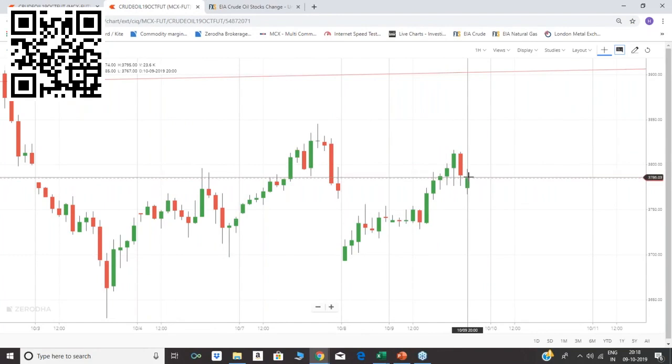Today I am not finding a big difference in the inventory data. Definitely the price will go down a little bit, but along with the inventory data we also need to conclude, and this sort of volatility is expected. So if you are capable of holding your position a little longer, then it's okay. Otherwise, if you can't hold long, then be quick, lock your profits and move out of the volatility.